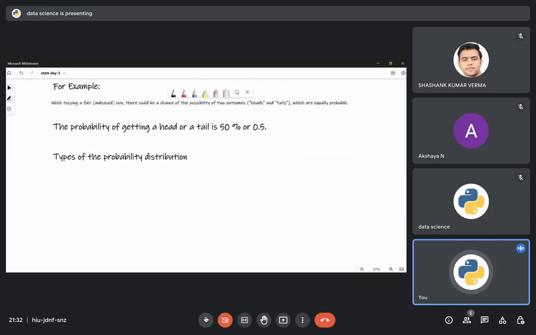First is the normal distribution. Second is the Bernoulli distribution. Third is the binomial distribution.